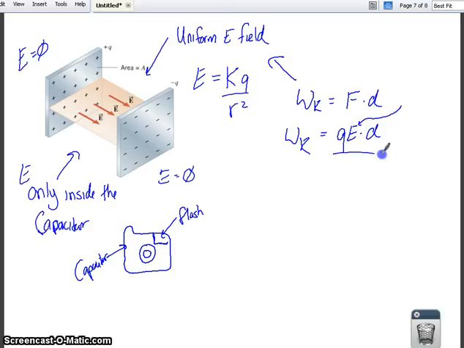If we divide both sides by Q, W over Q is equal to voltage, and so our voltage is equal to E times D, D being the distance in between the two plates.